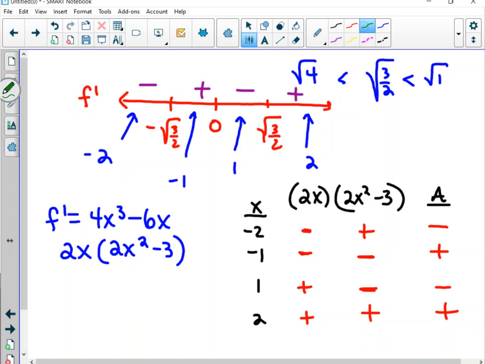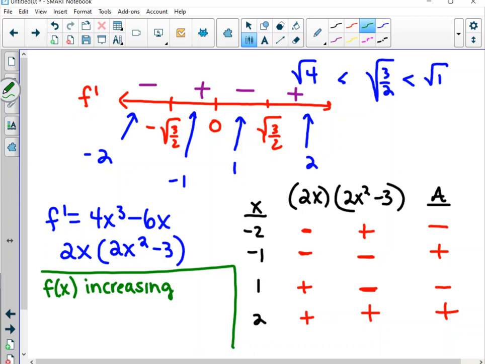Okay. After all of that, here's what we've determined. Well, let me ask you. Where is f of x increasing? Negative root 3 over 2 to 0, and right.